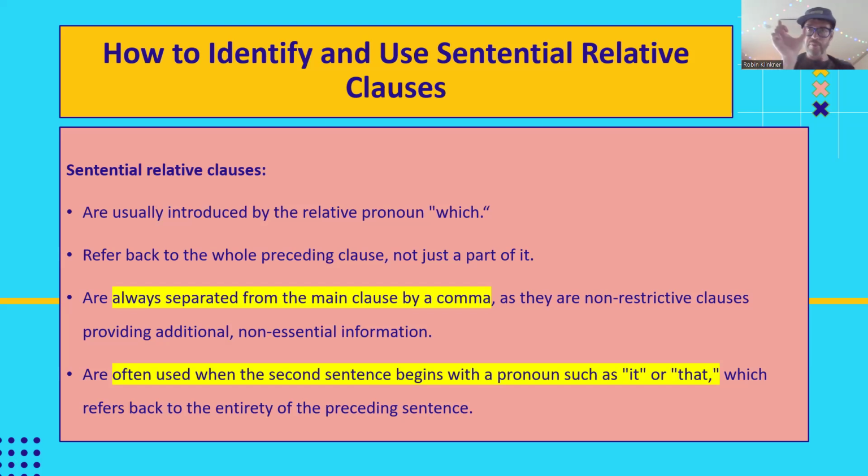Oftentimes, there will be a sentence, and the next sentence will begin with it or that, and it or that refer to the entire preceding sentence. With sentential relative clauses, you can remove that it or that, and instead of two separate sentences, you have one longer sentence. It just sounds better. So that's what we're going to focus on now.